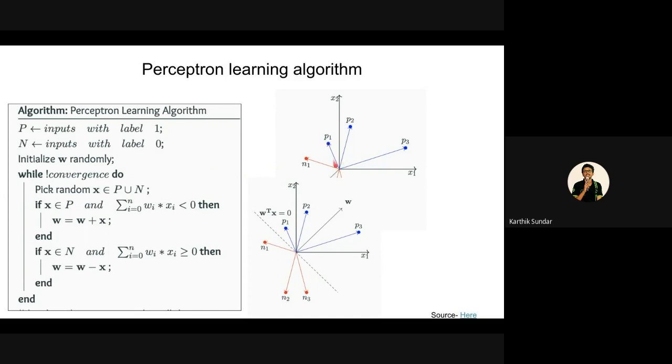Putting in layman terms, if there's a point that has been misclassified by a particular line, and that happens to be a positive point, then update the weight by W equal to W plus X. Or if there is a misclassification and the point is negative, it falls into the negative class, then update the weights by W equal to W minus X. So that's the perceptron learning algorithm that was proposed, and it really worked.